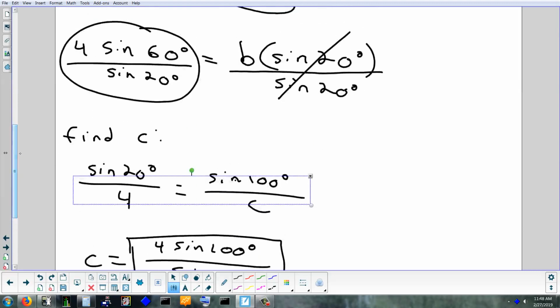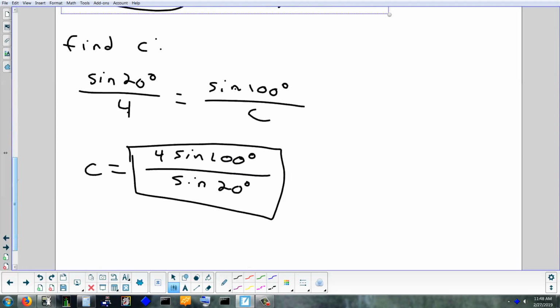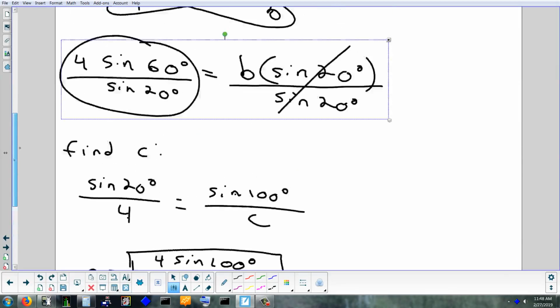But we're dividing by sine 20, just like I did up above. Now I'll take that in and see what we got. 4 sine 100. Do I have to close the parenthesis? Yes. If I don't, it's not good. Here it doesn't really matter because there's nothing else coming after it. So we get 11.518.